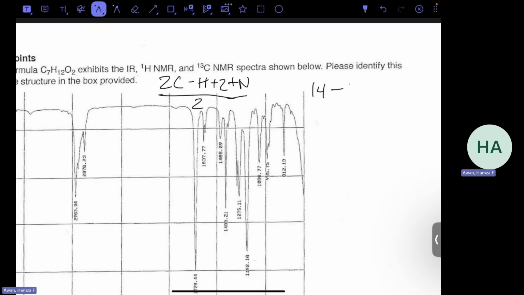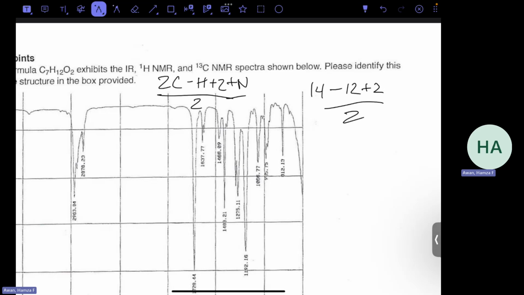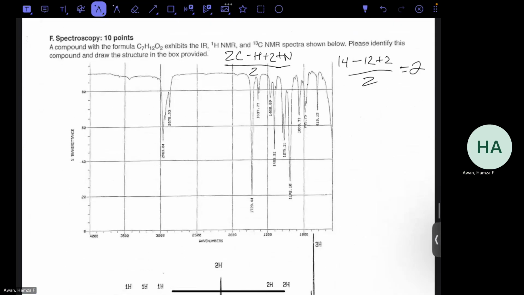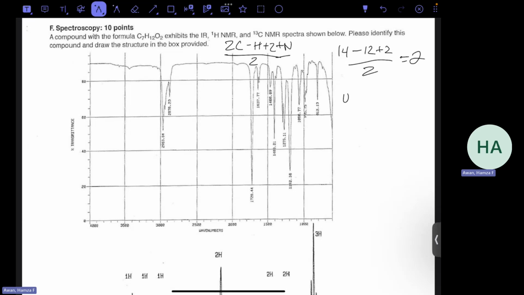So 14 minus 12 plus 2, all divided by 2. 14 minus 12 is 2, plus 2 is 4, divided by 2 is equal to 2. All right. So we have an unsaturation number of 2, and that means we have either a triple bond or 2 double bonds. So it's either or.